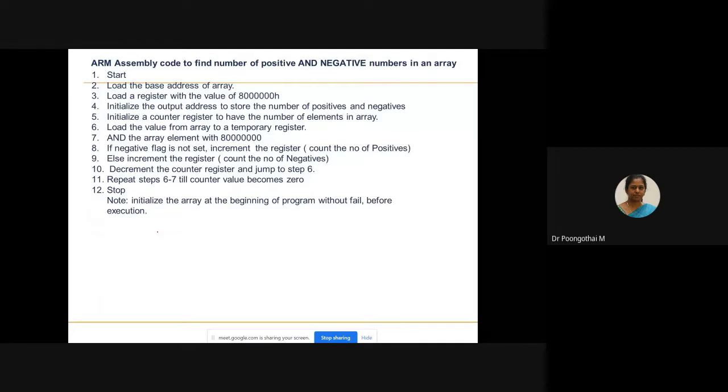So you were supposed to check the 31st bit, right? Yes, ma'am, the 31st bit. How can you check the 31st bit of each number? Suppose the 31st bit is 1, that number is a negative number. If it is 0, that number is a positive number. So how do you check whether the 31st bit is 1 or 0?